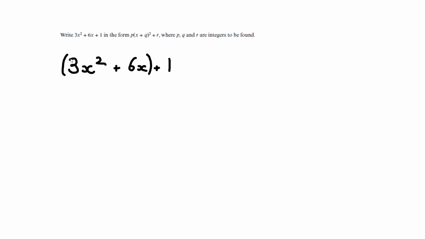So let's take the 3 out first, right? Because we don't want a coefficient in front of the x squared. So we take that out, and now we've got x squared plus 2x plus 1, right? We're not going to consider this for now.